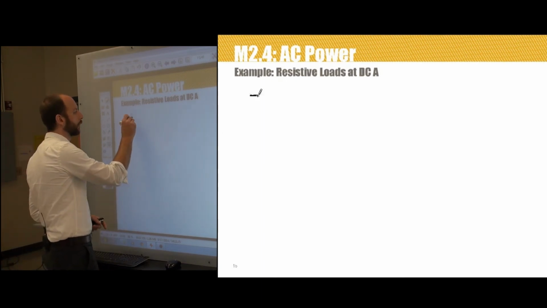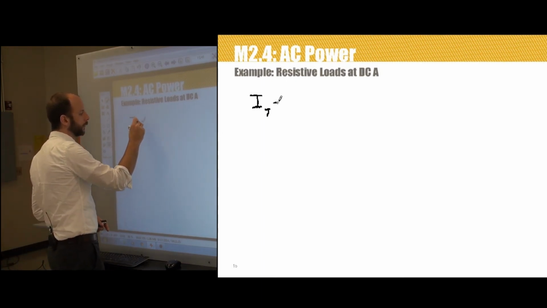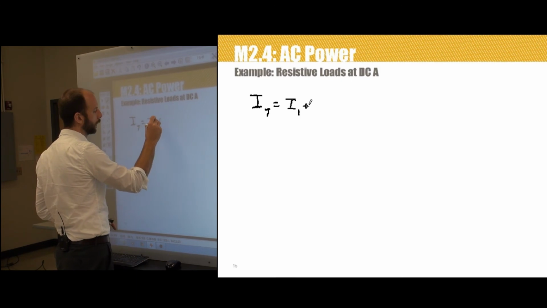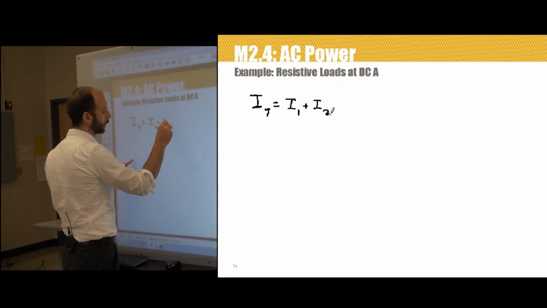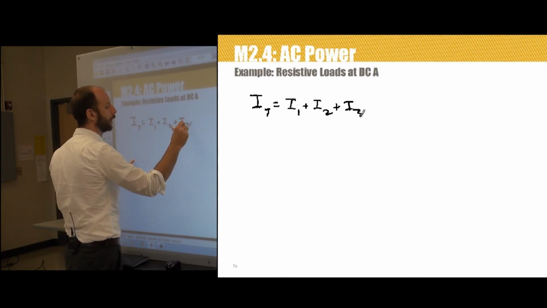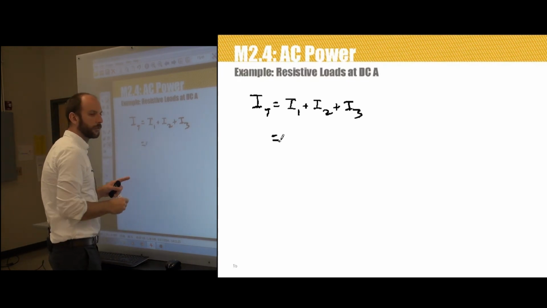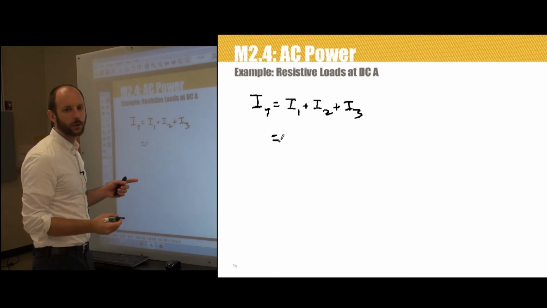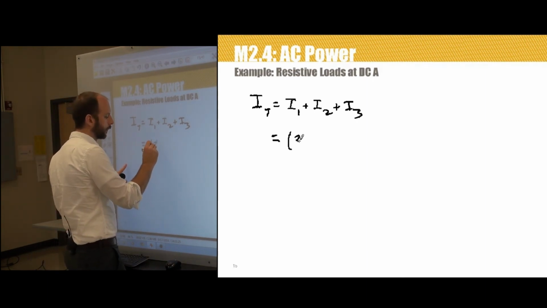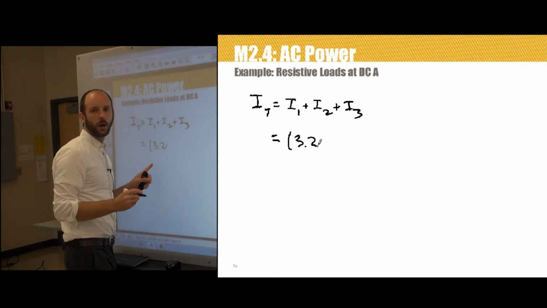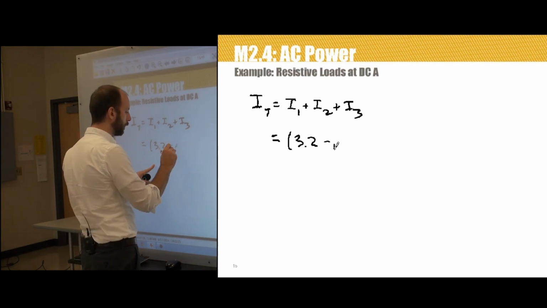What we're saying is that I total is just equal to I1 plus I2 plus I3. There are 3 branches, right? So we just add the values that we just calculated. I'm going to do it in the rectangular form. I1 was 3.2 minus J2.4.